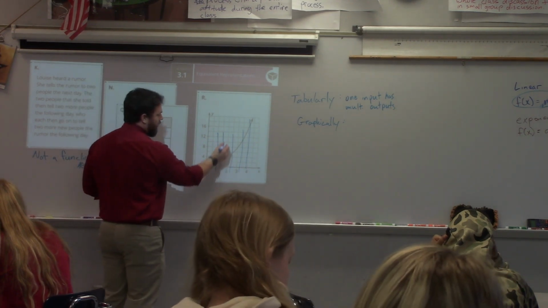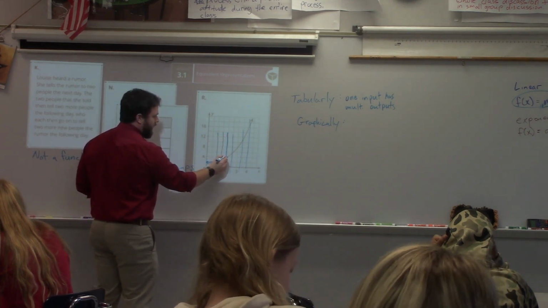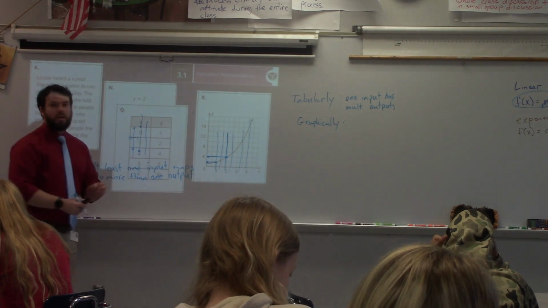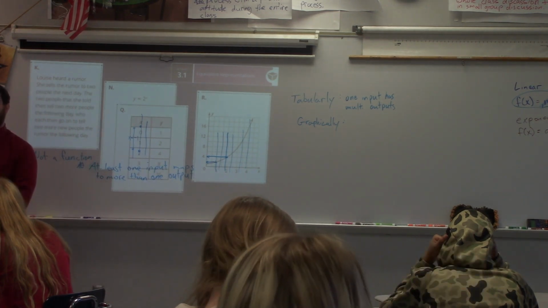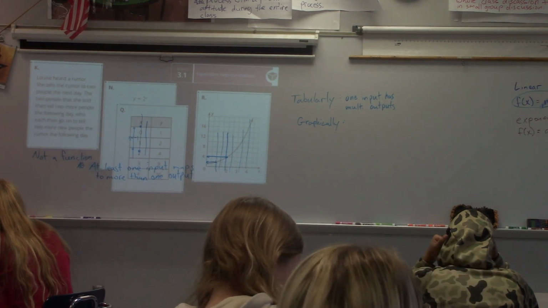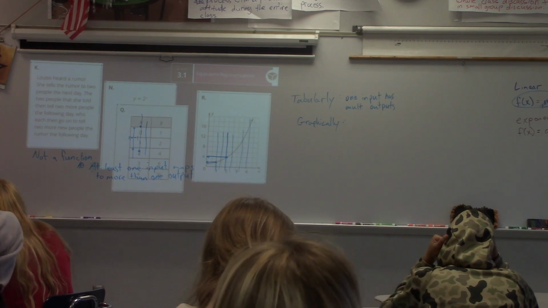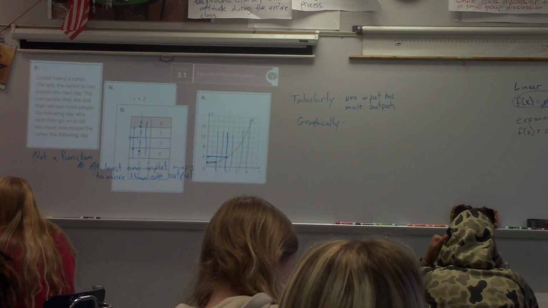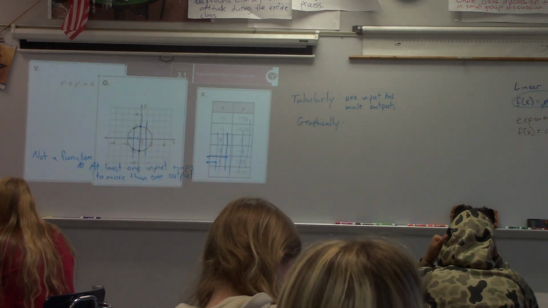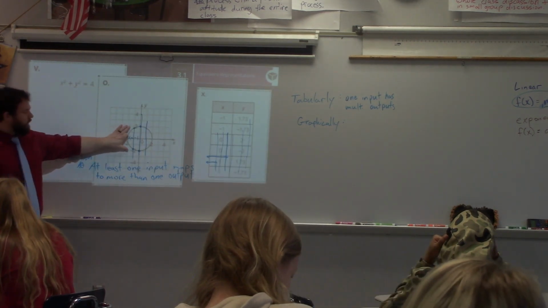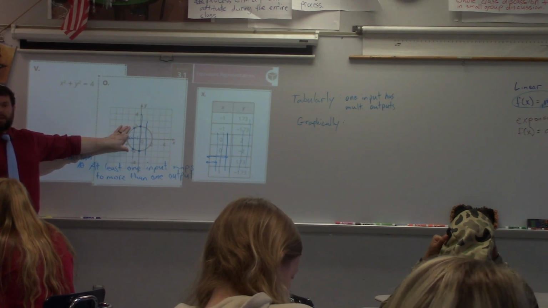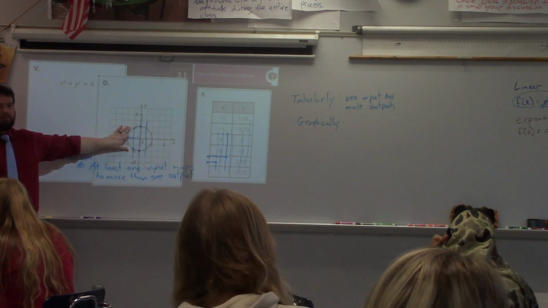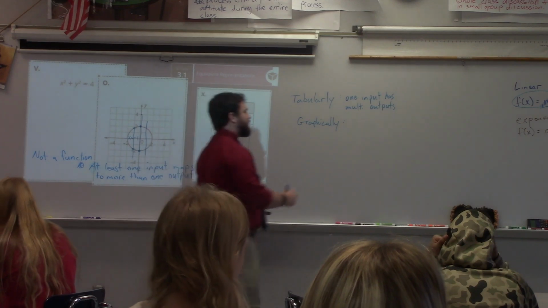At this input of 2, how many outputs do I have? Just one. So when I draw a vertical line, that vertical line hits how many points on the curve? Only one. So one input has one output. When I look here though, and I draw a vertical line, one input has how many outputs? 2.